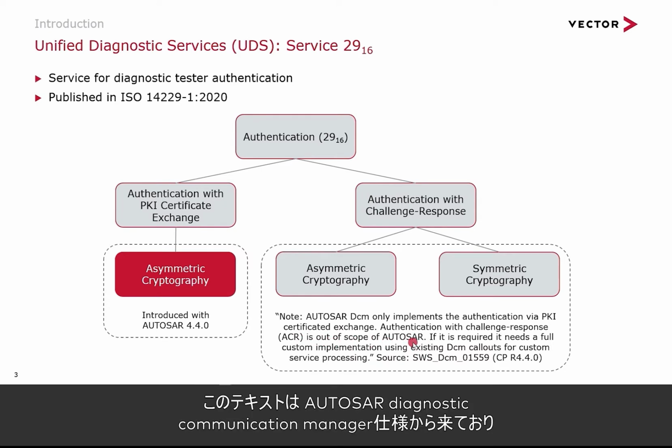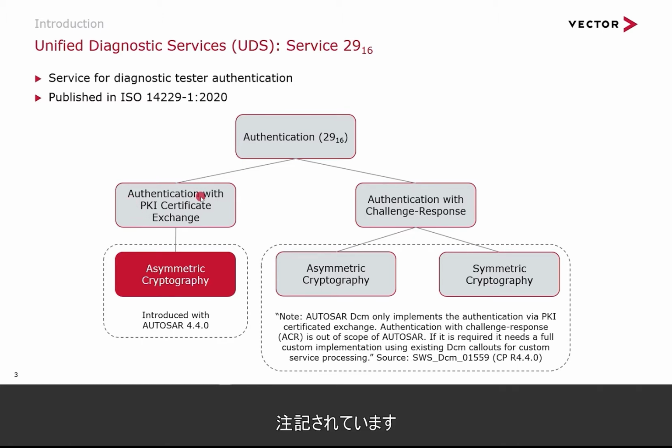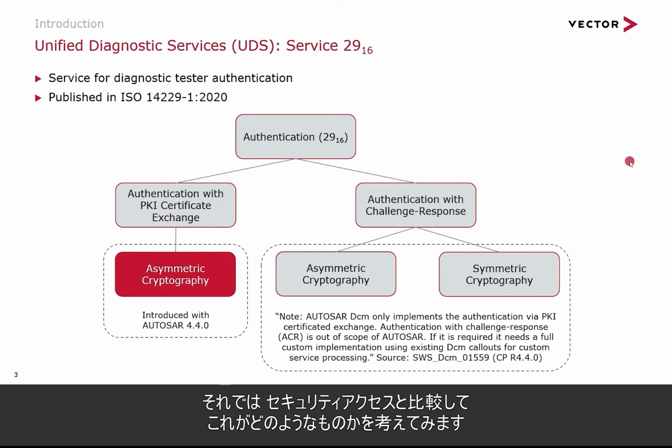So this text comes from the AUTOSAR Diagnostic Communication Manager specification. There's a specific note in there that says essentially AUTOSAR only deals with the APCE case, authentication with PKI certificate exchange. Okay, so let's think about what this looks like, maybe if we compare it with security access.